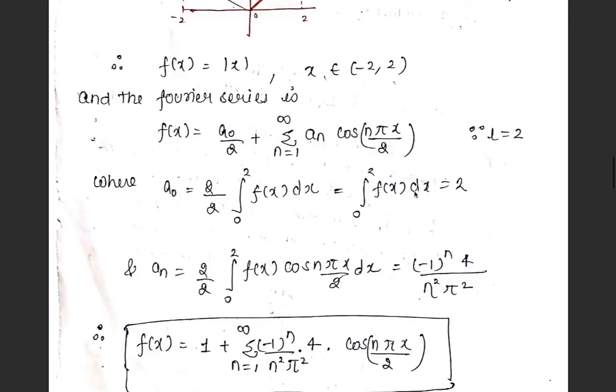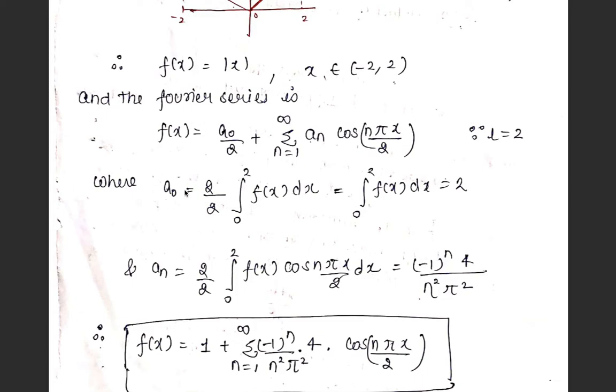We know that for an even function, the Fourier series does not have the term bn. So the Fourier series is given by a0 by 2 plus the sum from n equals 1 to infinity of an cos(n pi x by L). L is 2 here.